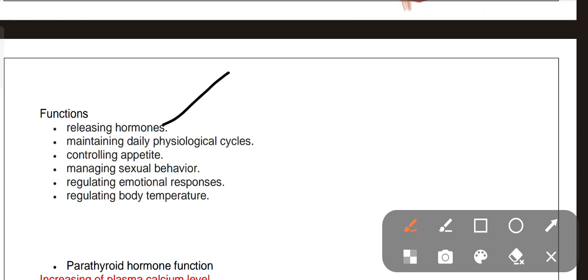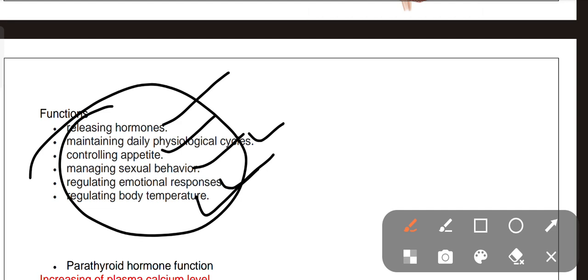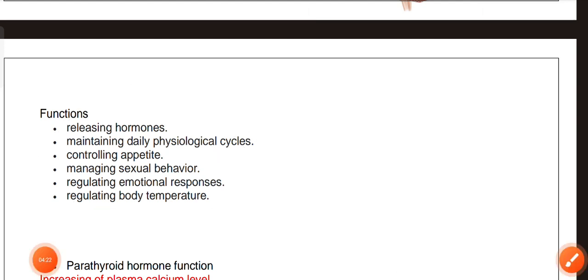The next function is daily physical cycles. Our daily activities are controlled and managed by the hypothalamus, and also controlling of appetite, managing sexual behavior, regulating emotional responses, and regulating body temperature. These functions are controlled by the hypothalamus.